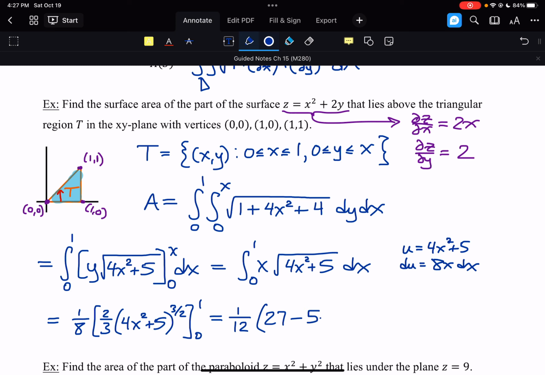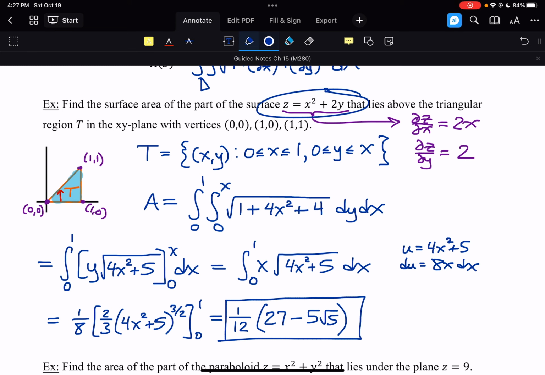So that works out as 5√5, or just 5 to the 3/2 power. So that would be our value. So that is the surface area of this surface, but only the part that lies above this triangular region.